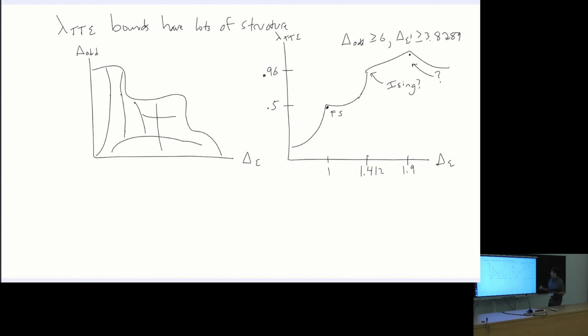Okay, so you see some kind of Ising kink near 0.96. And actually this can be compared with independent computations of this coefficient.